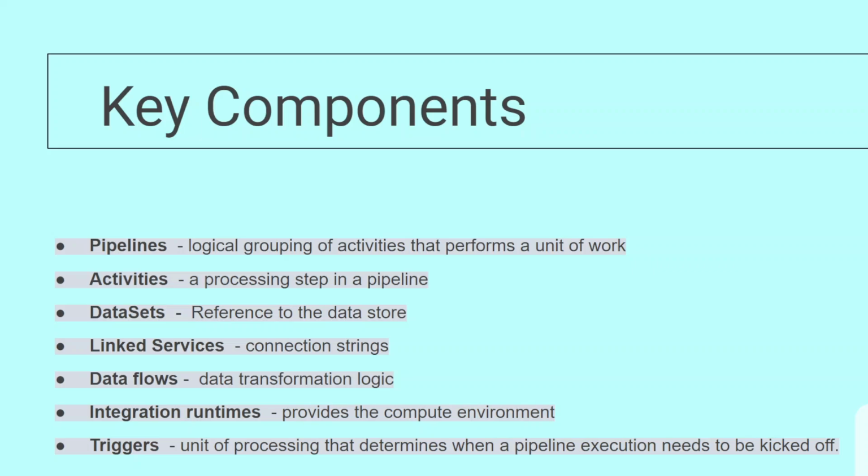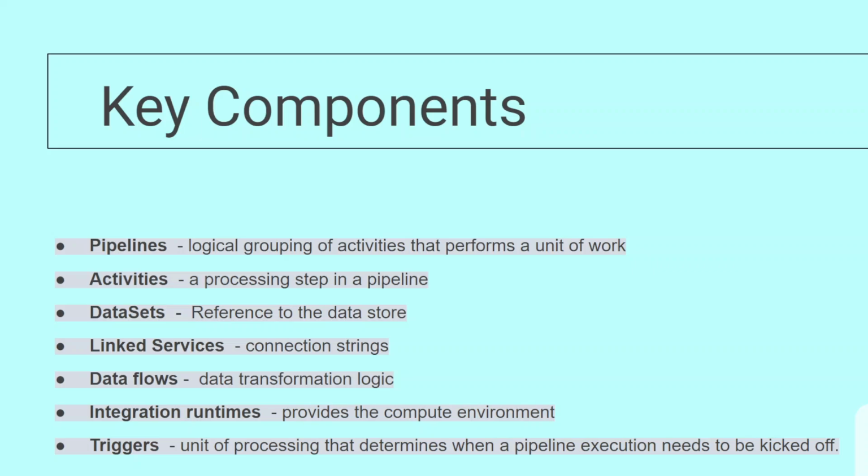Let's say a pipeline can contain a group of activities that ingest the data from Azure Blob storage into a SQL database after doing some transformations. This is nothing but a pipeline. It's a unit of work which will be performed inside the pipeline.